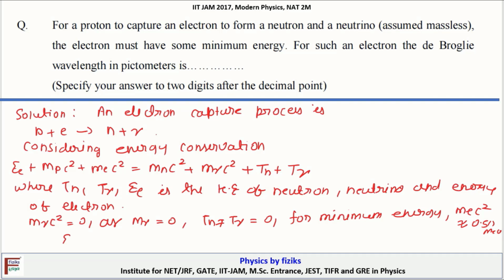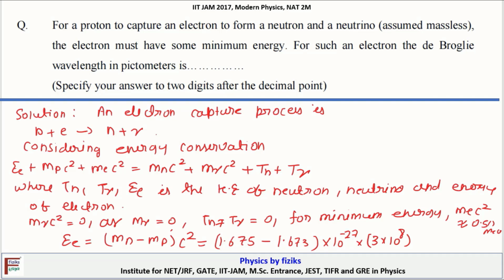So we are left with the energy of the electron equal to (Mn − Mp)C², which is (1.675 − 1.673) × 10^-27 × (3 × 10^8)², equal to 1.8 × 10^-13 joule.